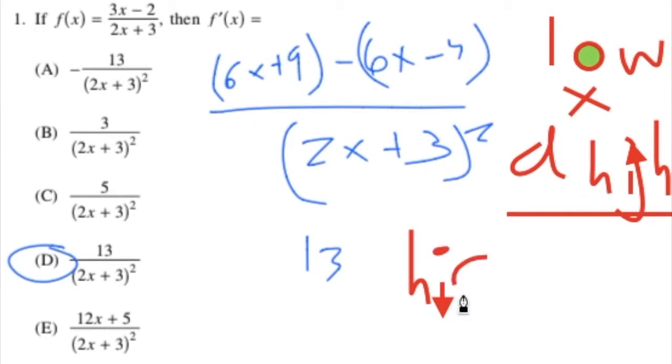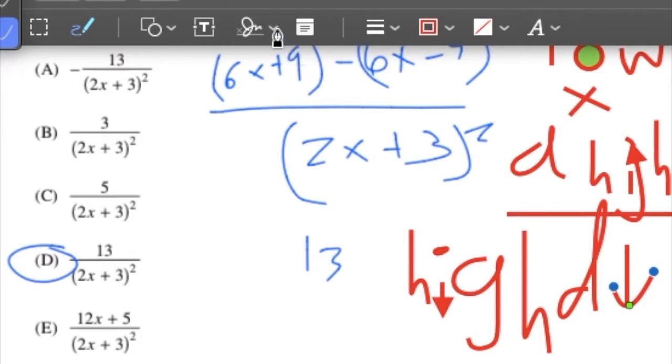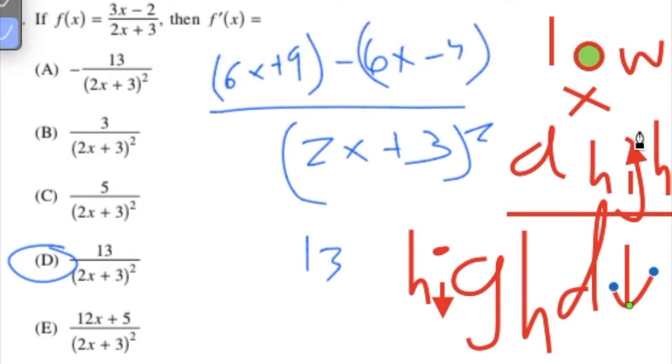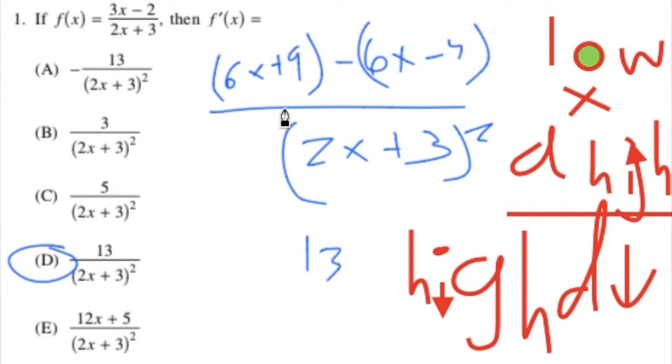By the end of the year, I would hope that you were able to do this. Anyways, this is pretty basic stuff. On top, you're just going to get positive 13 because 6x minus 6x is 0 and 9 plus 4 is 13, over 2x plus 3 squared.